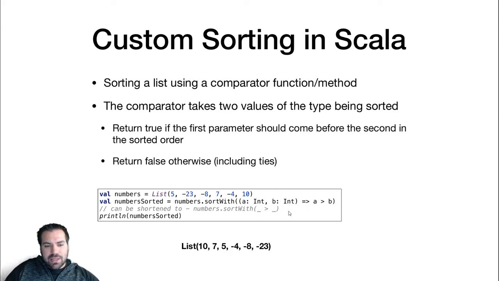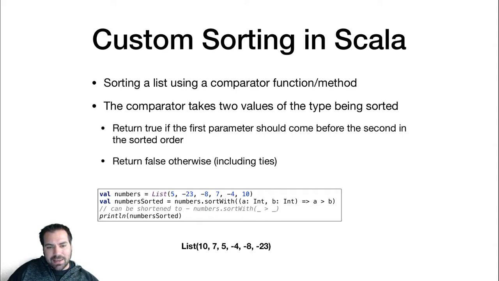So the structure of this is like that JavaScript function. If this returns true, the first parameter comes before the second one. So if my arguments are a equals 10 and b equals 7, that's going to return true, which means 10, or a, comes before 7, or b. So if this returns true, that means the first argument goes before the second argument.